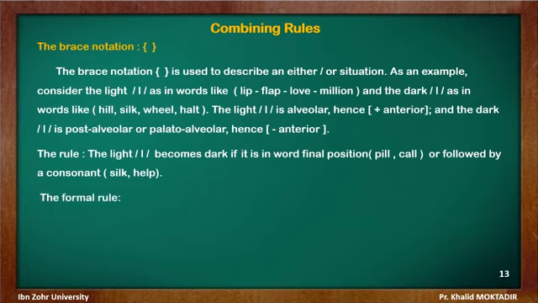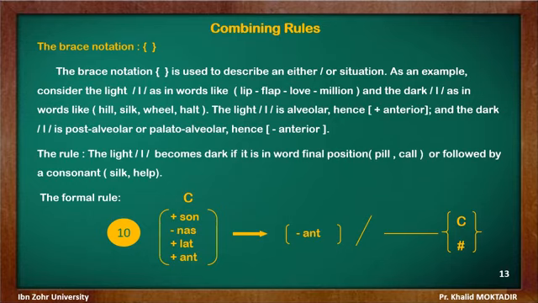And we're going to look at the rule. The rule says the light L becomes dark if it is in word final position, as in pill and call, or followed by a consonant, as in silk and help. So these, in fact, are two rules. But the formal rule will combine both rules into one context by using the brace notation.